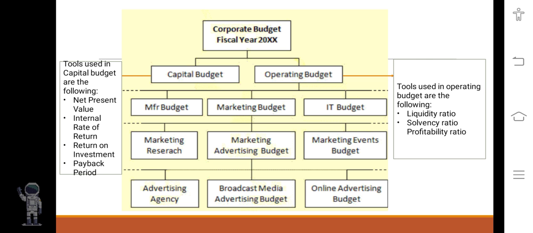Long term siya nga tools ang ginagamit sa capital budgeting, while the tools in operating budget are the following: the liquidity ratio, solvency ratio, and profitability ratio.